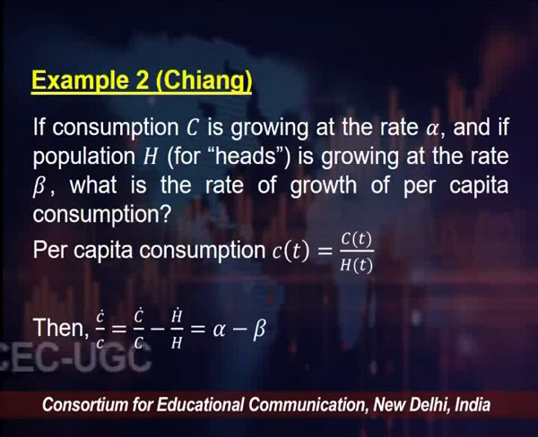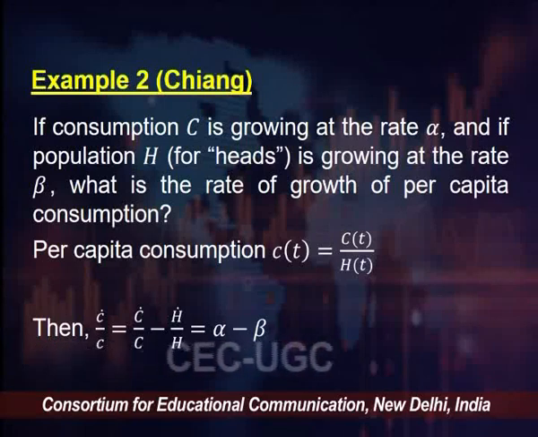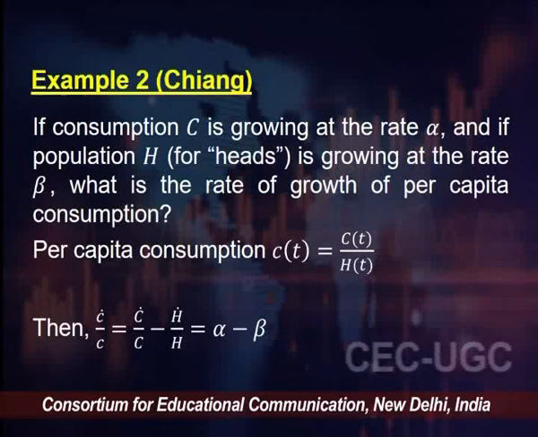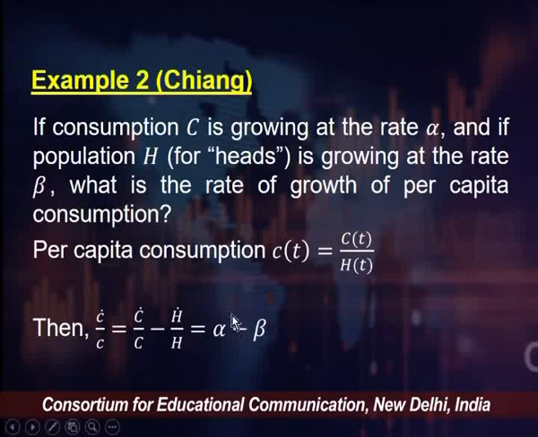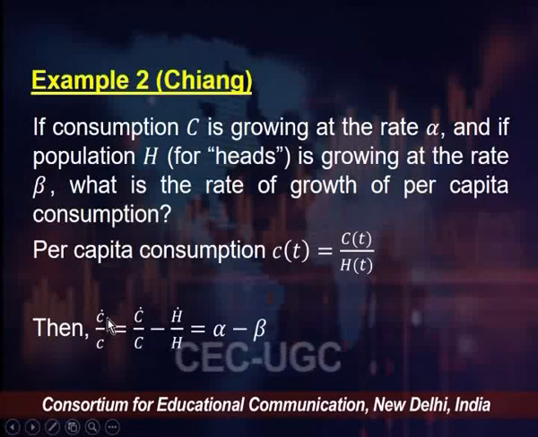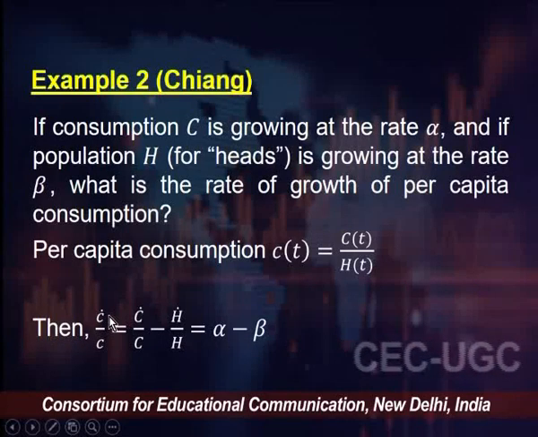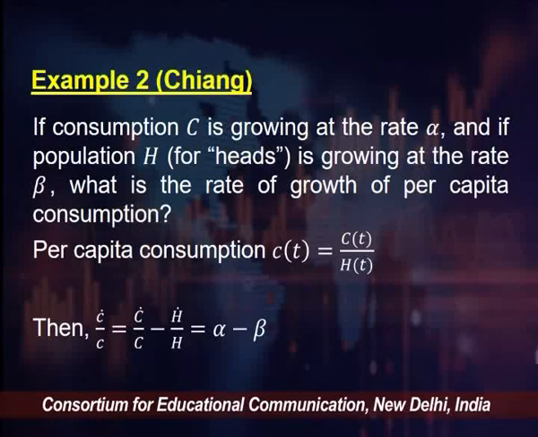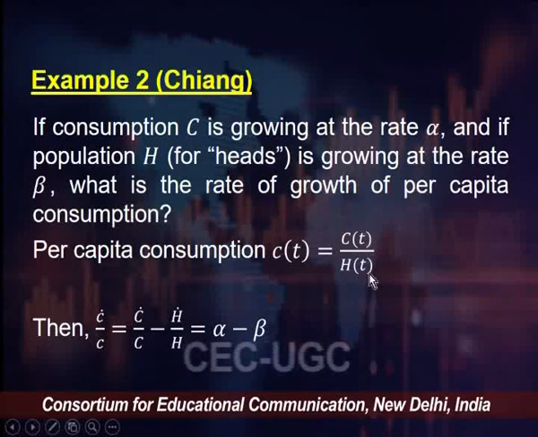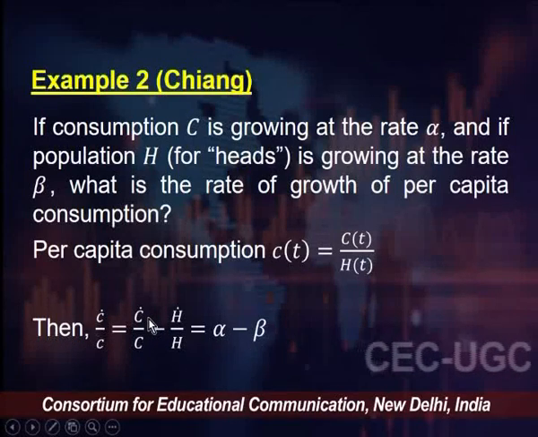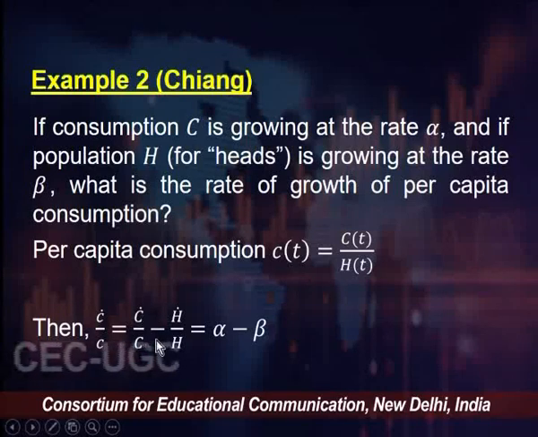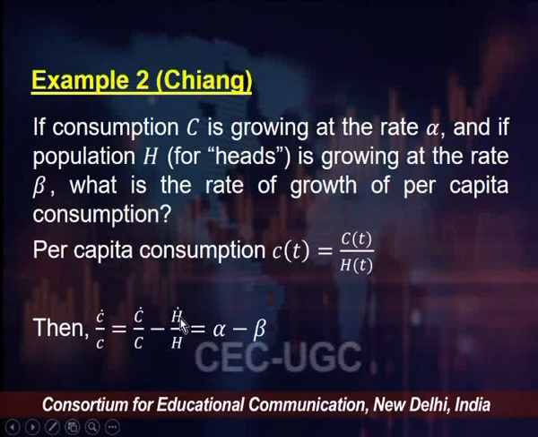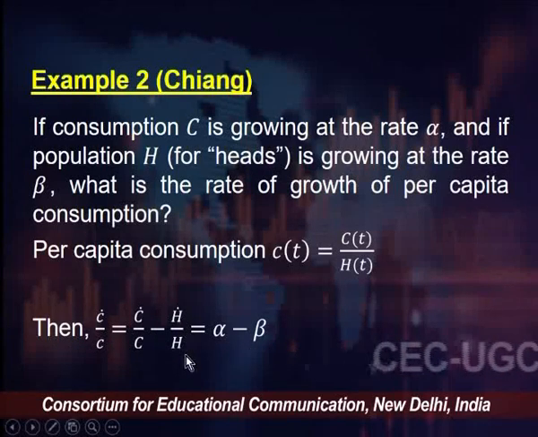And because you can see it's a ratio, you can either do the calculation that we just went through in the previous slide, or you could simply use that result and calculate the proportional rate of change in the per capita consumption, which is lowercase c dot by c, as the difference of the individual proportional rates of change. So you have the proportional rate of change in the total consumption, which is capital C dot by C, minus the proportional rate of change in the population, which is H dot by H.